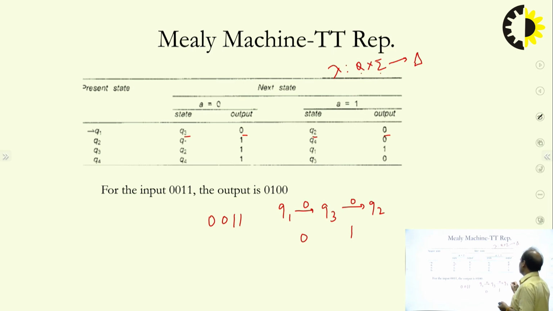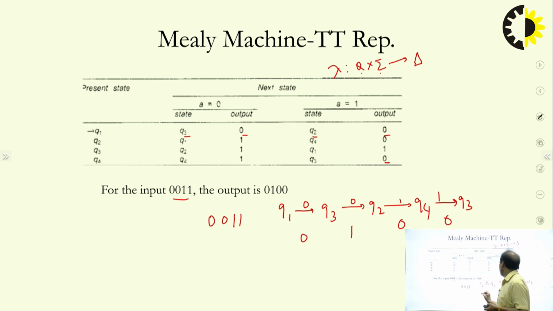And then Q2, 1 is Q4, and note down the output. Output is 0. And then again Q4, 1 is Q3, and what is output? Output is 0. So for input string 0, 0, 1, 1, output is 0, 1, 0, 0.